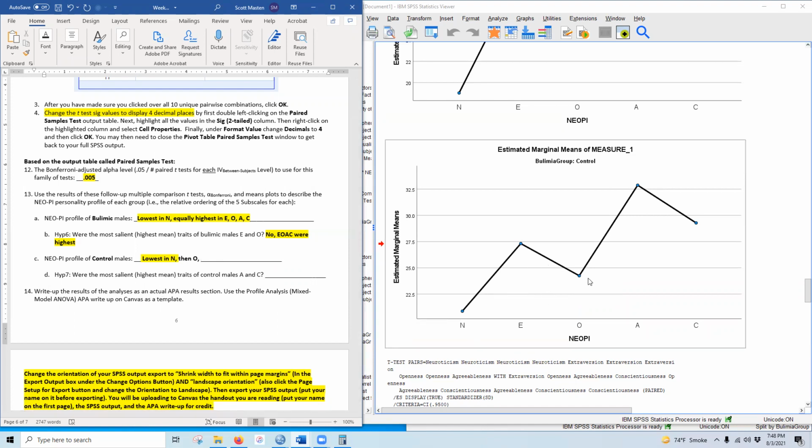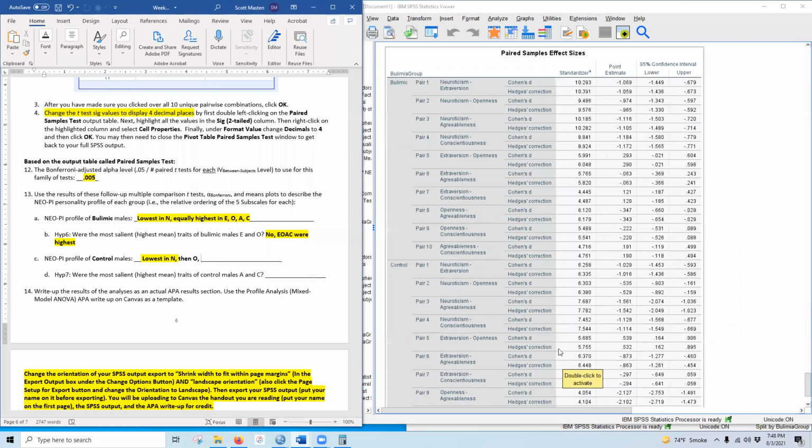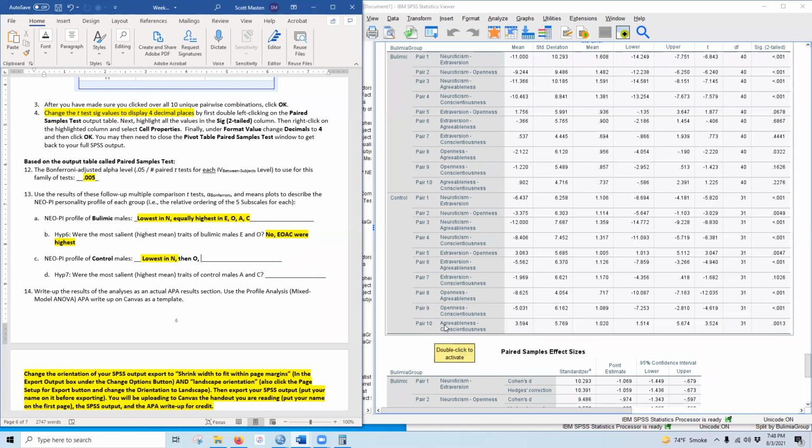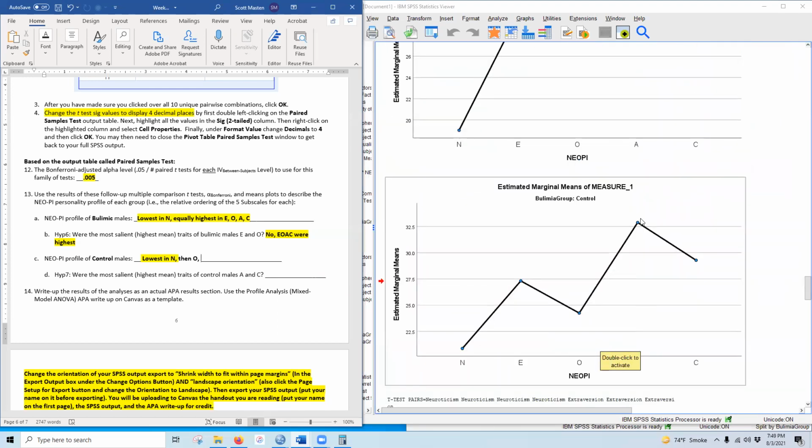So finally, we know that E was lower than A, but not different from C, right? We have one last t-test here. It is A and C, sig. A and C differ. So A is higher than C.